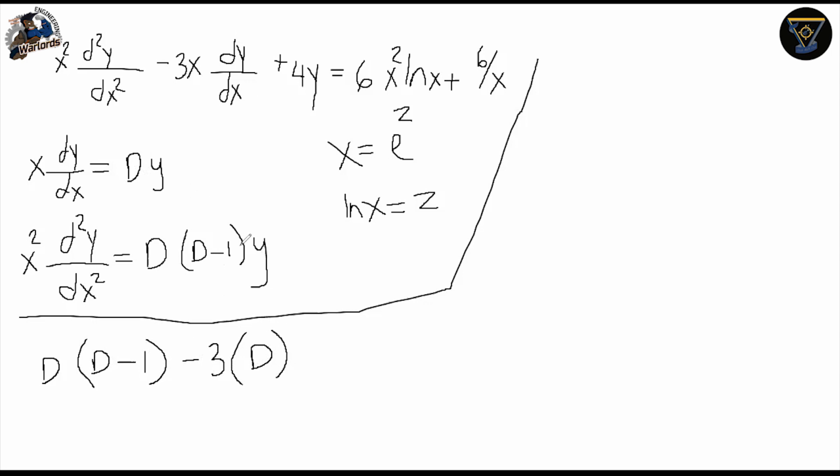Seeing that y is common between everything, I'm going to put it on the outside. And then you have a plus 4, and a big bracket, and you have your y. And this is equal to 6.